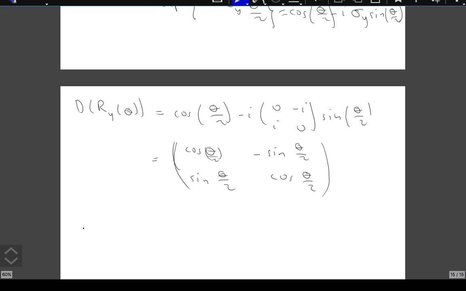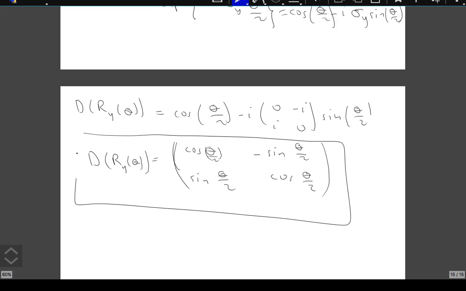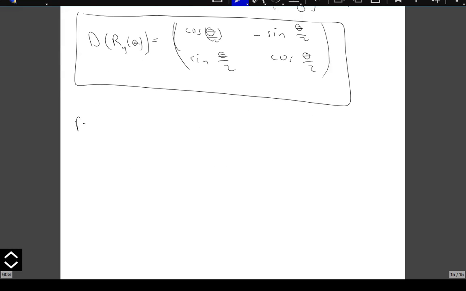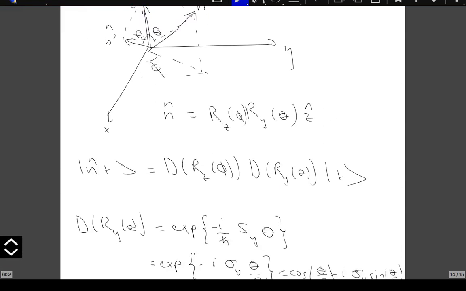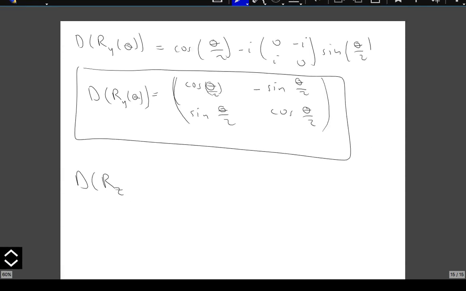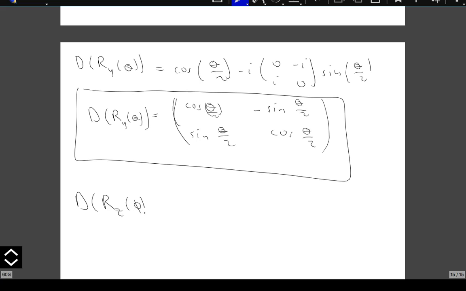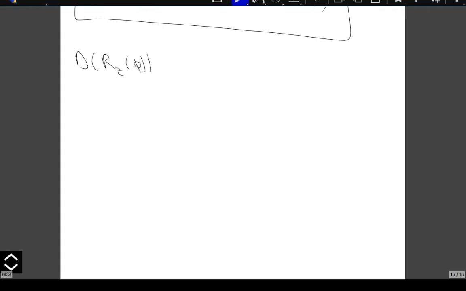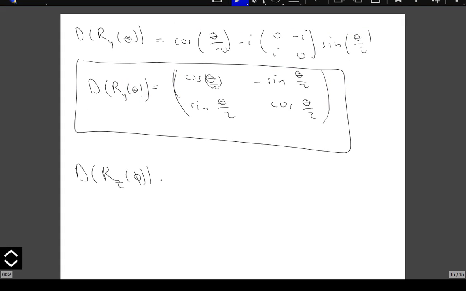Now let's look at the other one. Well, if you go back, we need the rotations around the z by phi. This is equal to exponential of i sigma z phi over 2.